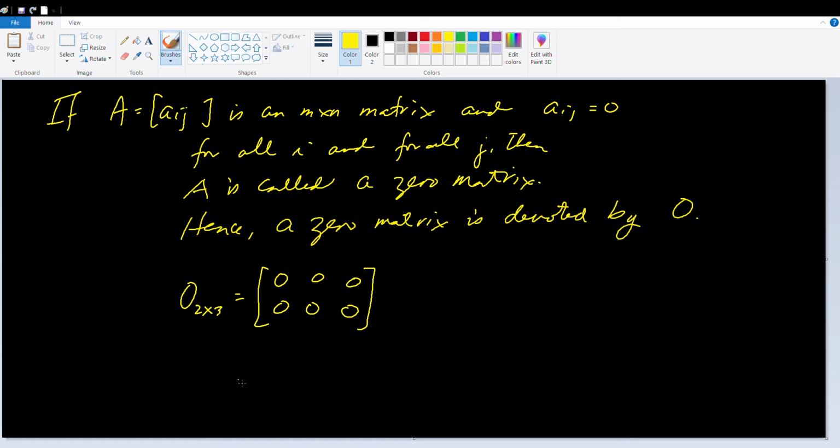So if you are given a matrix, say K, and you add to it matrix O, whatever the size of matrix K is, say it is 3 by 4, the zero matrix is also 3 by 4, and the result will be equal to K itself, which is 3 by 4. Okay?